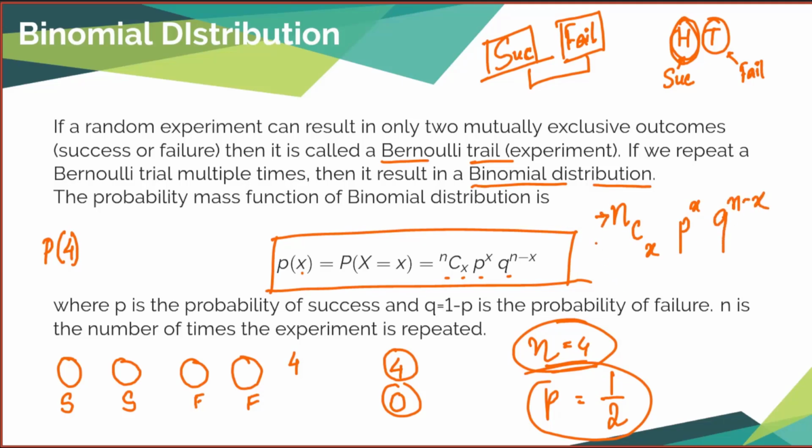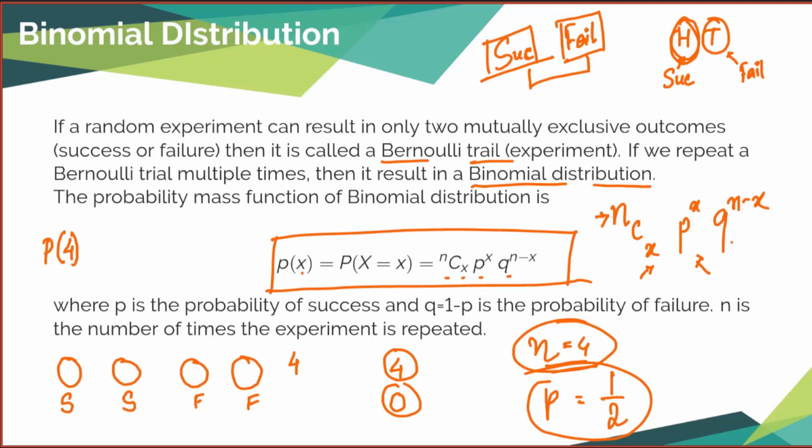So what is n? How many times the Bernoulli trial is repeated, right? What is x? The number of successes you are interested in, right? What is p? p is the probability of success, right? So if the coin is fair, both of them will have probability of half and half. What if the coin is unfair? It is more likely to get a tail than head.